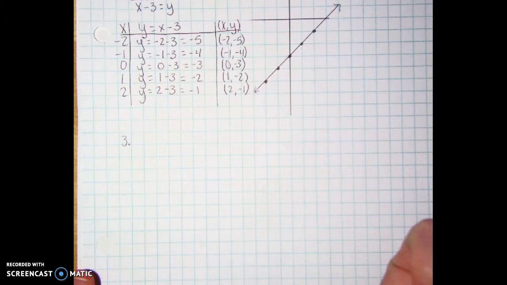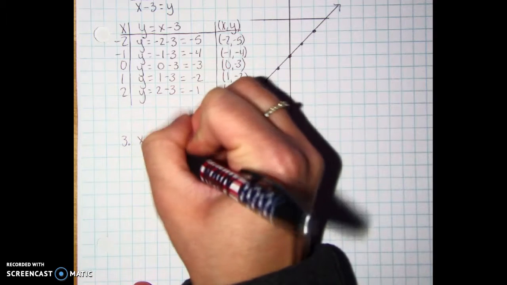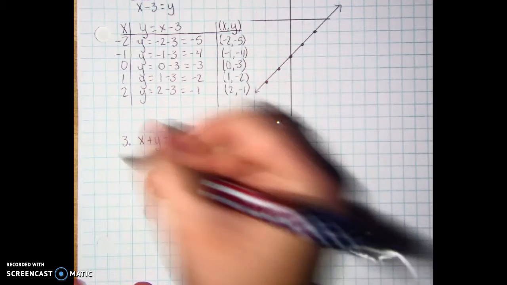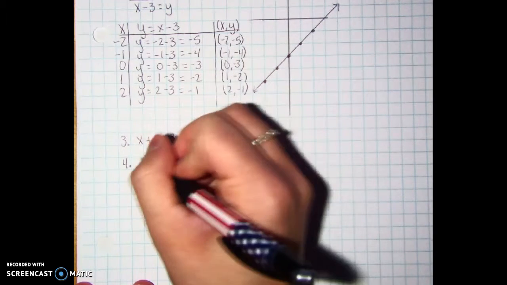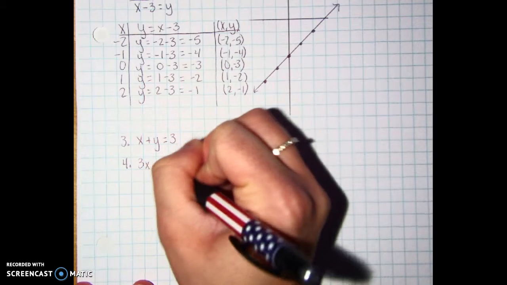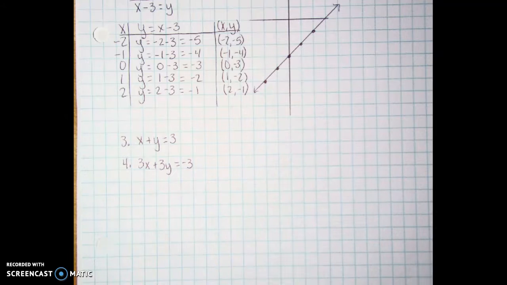So number 3 is going to be x plus y equals 3. Number 4 is 3x plus 3y equals negative 3. And where did I put the last one?